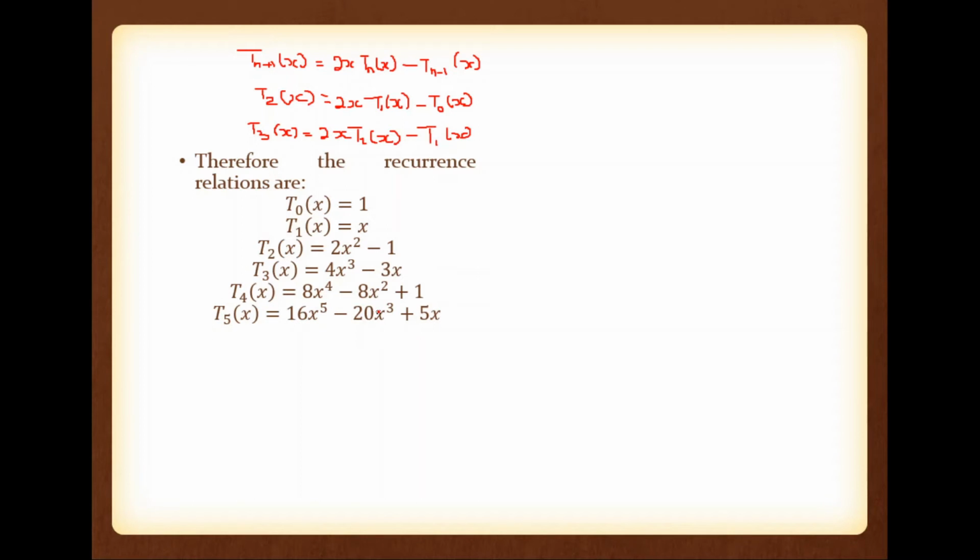Now what about T5 of x? T5 of x is 2x into T4 of x minus T3 of x. So T5 of x is equal to 16 x raised to 5 minus 20 x raised to 3 plus 5x. So like that way we can find the remaining terms.